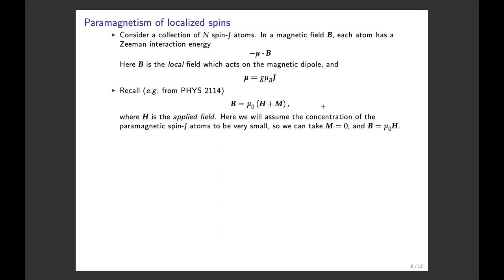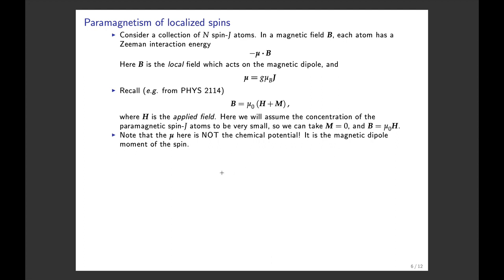So in this derivation, we're going to assume the concentration of paramagnetic spins, the spin J atoms, is very, very small, so we'll ignore the bulk magnetization, that is the effect of the magnetization on the magnetic field, and we'll just take the magnetic field to be mu naught H. We don't have to do this, but for this derivation, we'll do this.